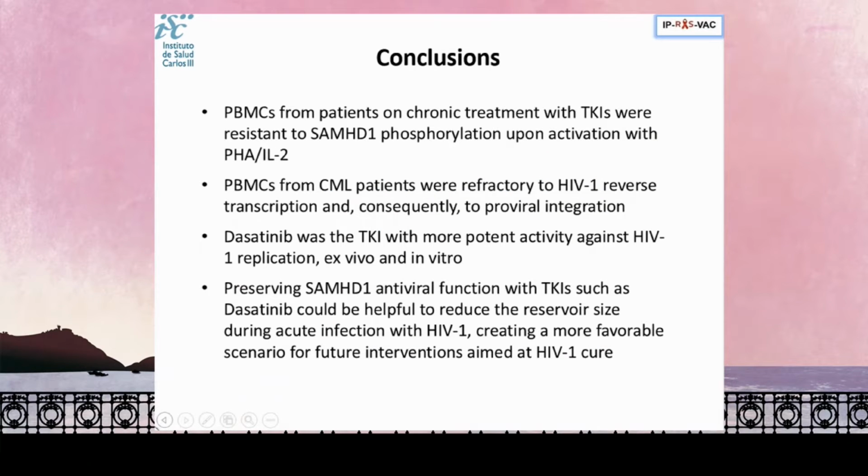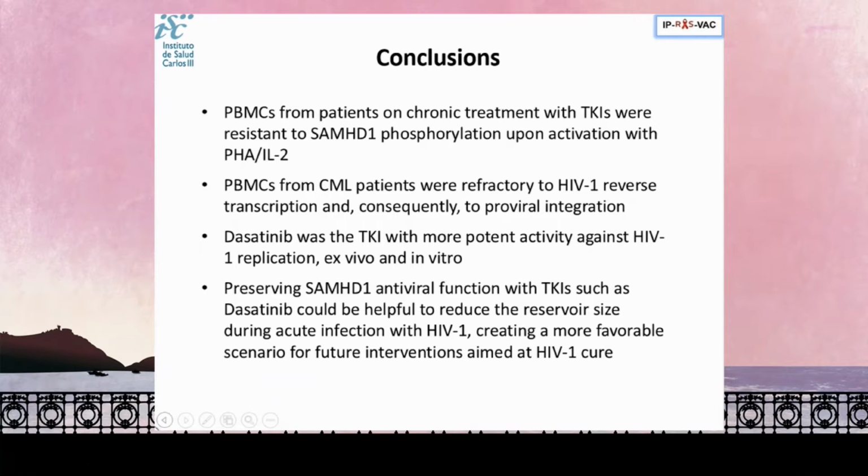So the conclusion about this work is that the PBMCs from these patients that are on chronic treatment with the tyrosine kinase inhibitors were resistant to some phosphorylation upon activation with PHA and IL2, and the PBMCs from these patients were refractory to HIV-1 retrotranscription and consequently to proviral integration. Dasatinib was the tyrosine kinase inhibitor that was more potent against HIV-1 replication, and that was observed both in vitro and ex vivo.